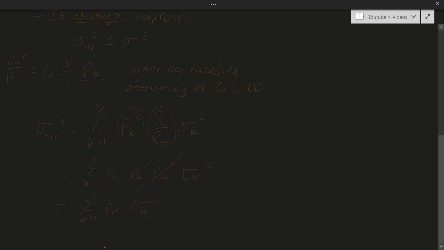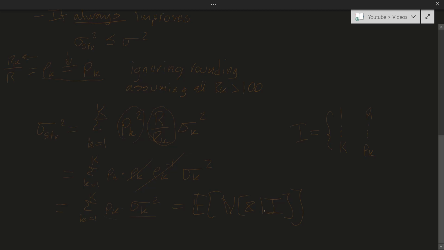This is the variance, and this is the probability of being inside the strata. So we can rewrite this as the expectation of the variance of X given some strata indicator I, where I is equal to 1 up to K with probabilities p_1 up to p_K, determining which strata X should be in.